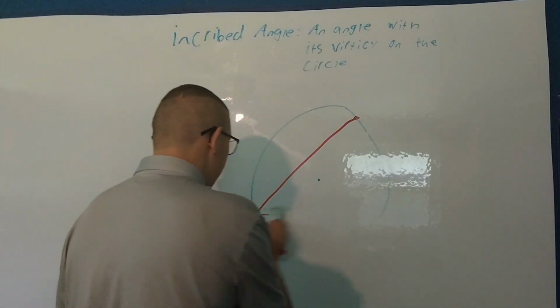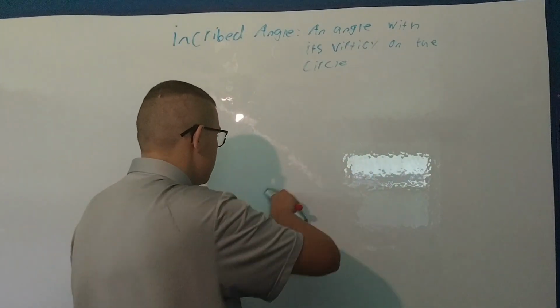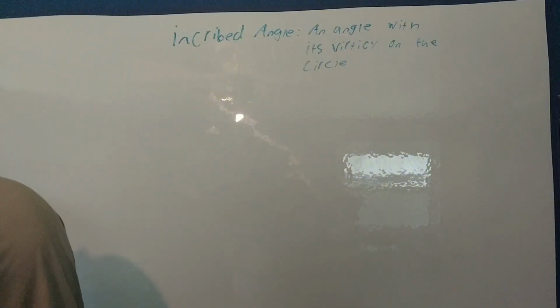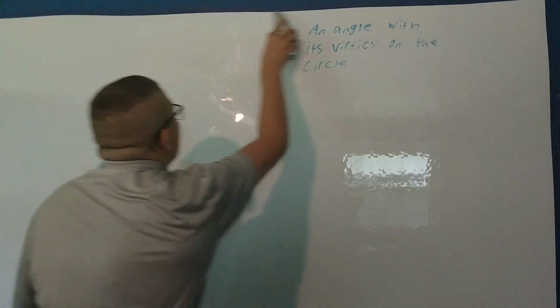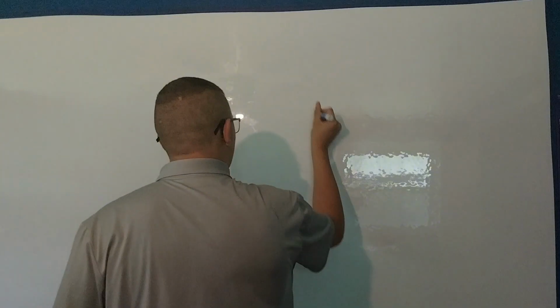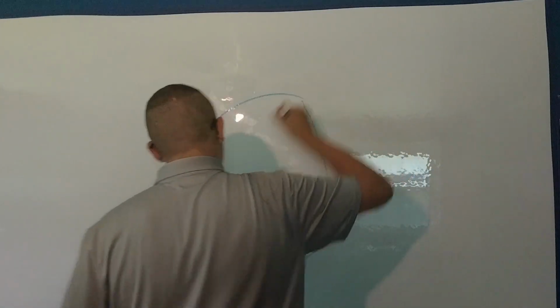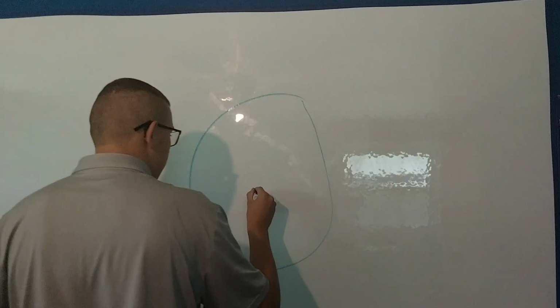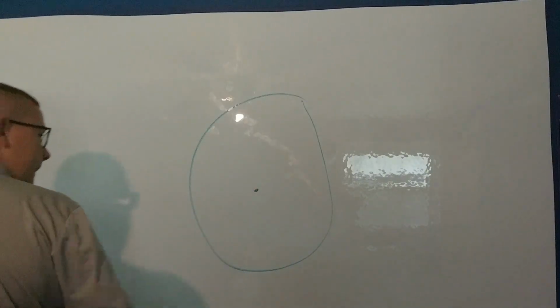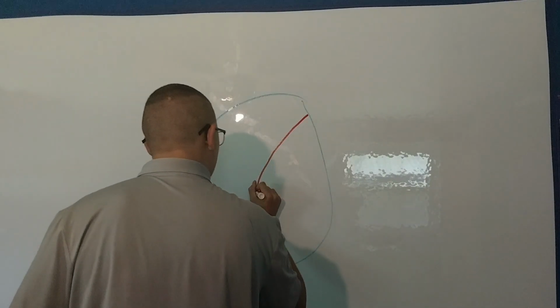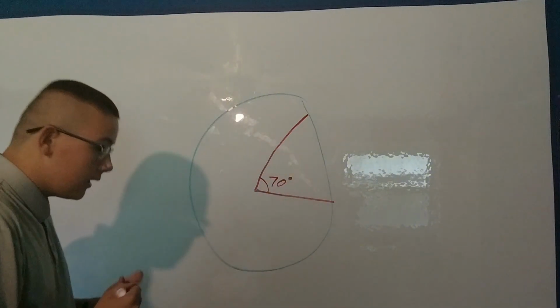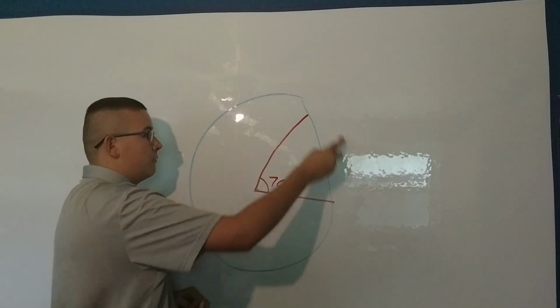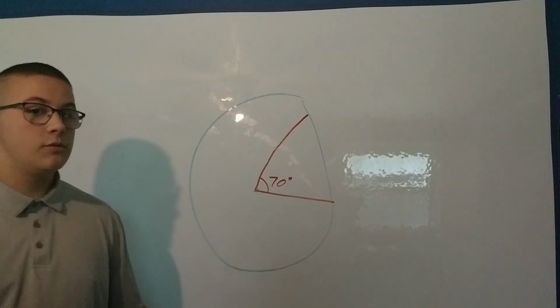And now I'll get into the angle relationships, right? I did this kind of backwards, but that's all right. If we have our central angle here, like this, and I tell you this is a 70-degree angle, and I want you to find this arc angle right here between these 2 points, how would you find that angle?